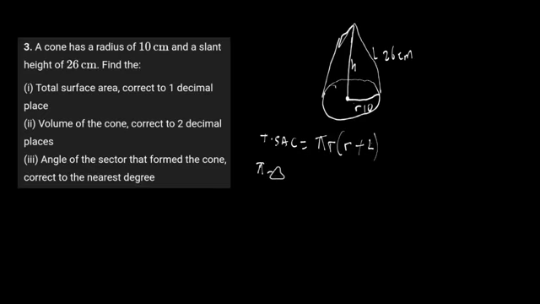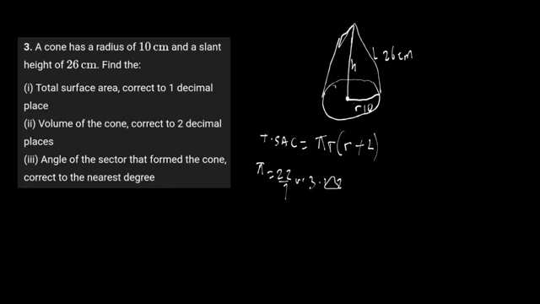For the sake of this video's time, let me say pi is a constant value. Either you use 22/7 or you use 3.142. This is the approximation.